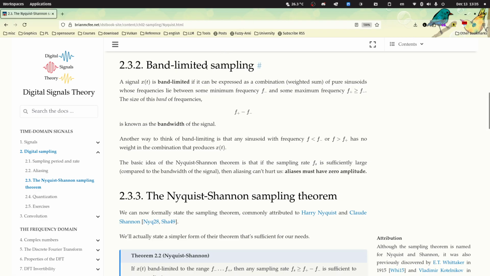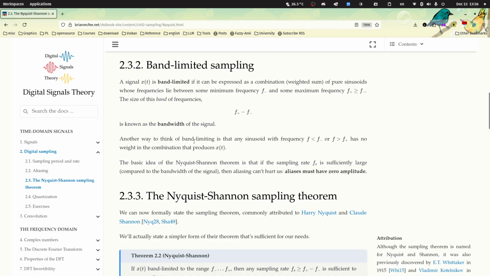A band limited signal can be expressed as a combination of pure sinusoids whose frequencies lie between some minimum frequency f minus and some maximum frequency f plus. The size of this band of frequencies is known as the bandwidth of the signal.